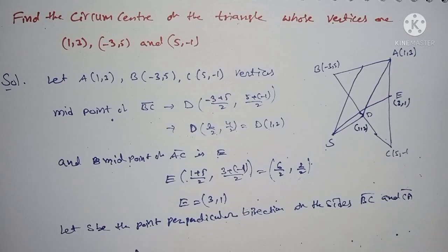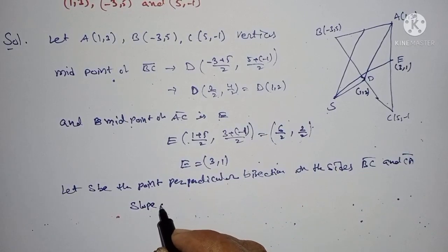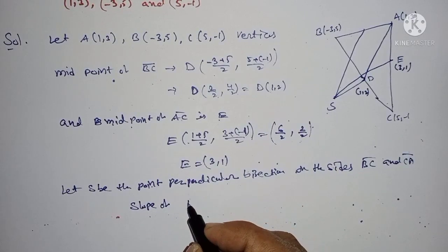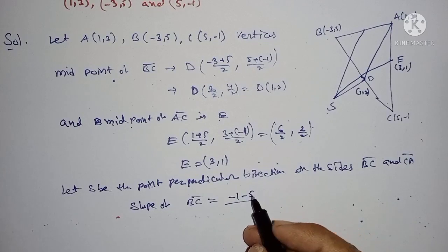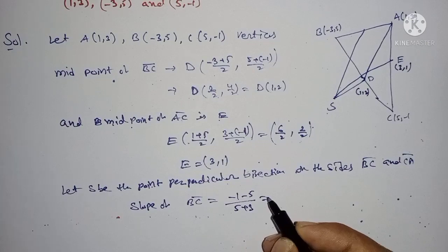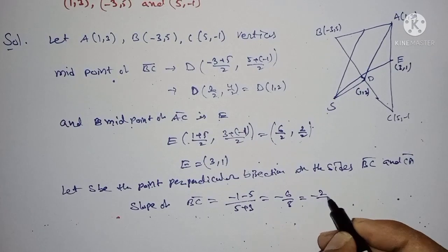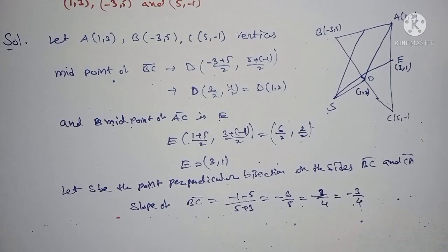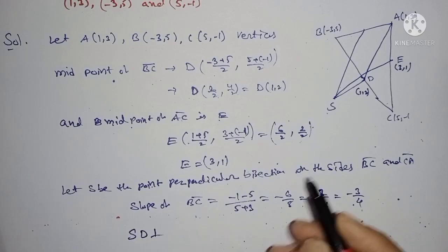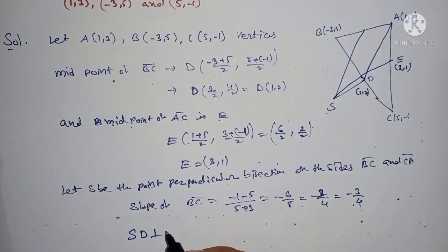Therefore the slope of BC is (-1-5)/(5+3), which is -6/8, equal to -3/4. The SD line is perpendicular to BC.